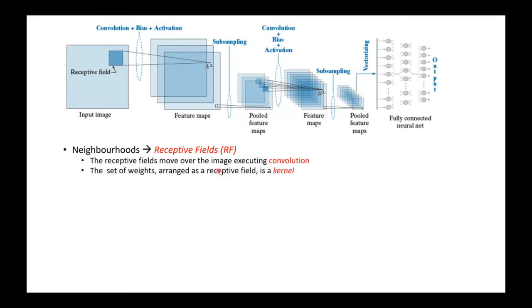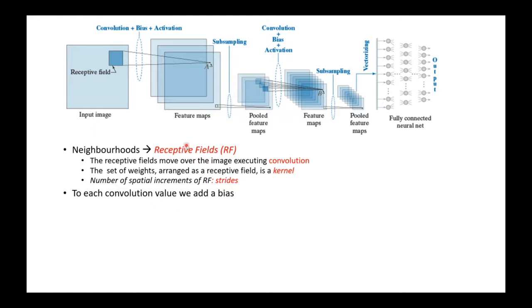The set of weights arranged as a receptive field is a kernel. The number of spatial increments, as I've always called them for a convolution, in convolutional neural networks are called strides. Honestly, I don't know why they changed the terms. It's just spatial increments of a convolution kernel.